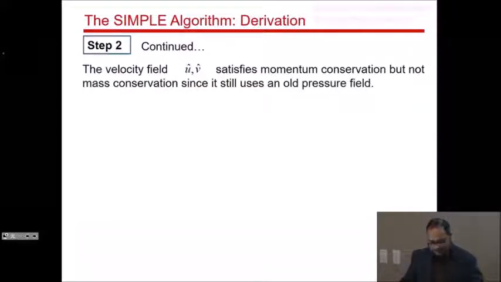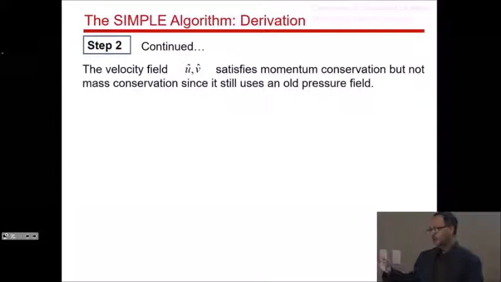This is where it gets really important to understand the concept. The velocity field that you predict, U hat and V hat as I'm calling it, satisfies momentum conservation, but not mass conservation, since it still uses the old pressure field. Imagine that we buy into the concept that the pressure is calculated by the continuity equation.